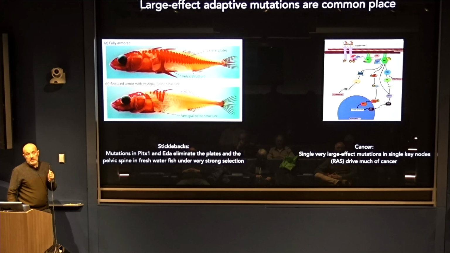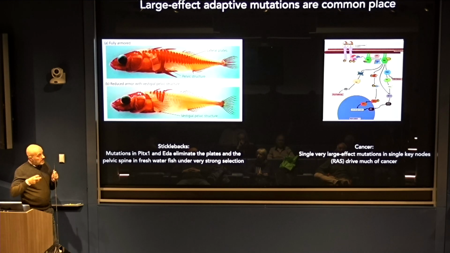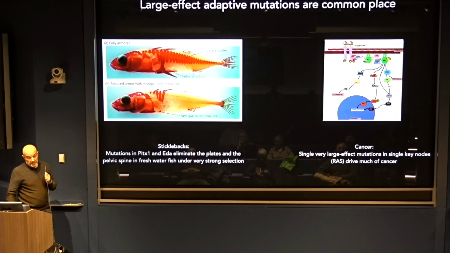In cancer, the driving oncogenic mutations tend to hit single genes, let's say a gene called KRAS or in the RAS family, that I'll talk about more in yeast and the system. That can have very large, tens of percent benefits for the cell in terms of its ability to divide. So individual mutations can cause large effects in many systems, and there are many other examples.